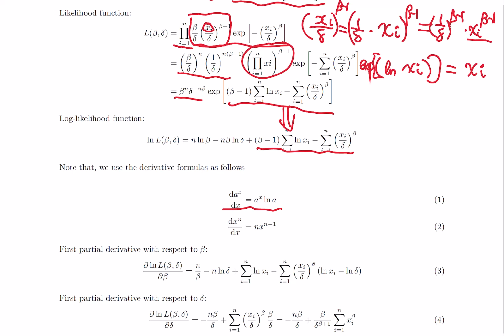Remember, a here is a constant and x is the variable. That's the rule for the math. So this is the derivative rule for the exponential function. And also we have the derivative rule for the power function, which is the second one.